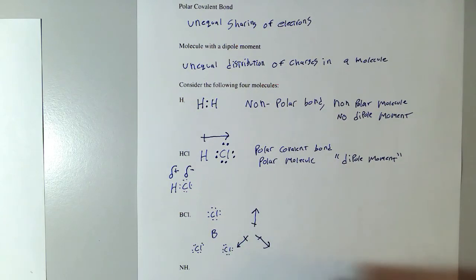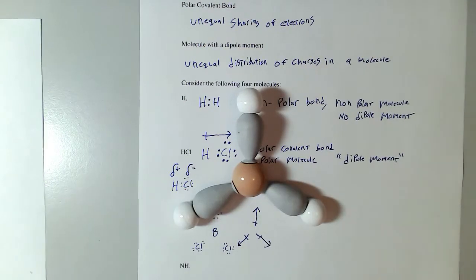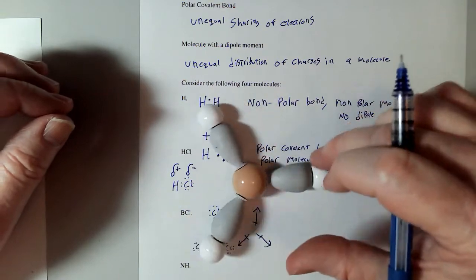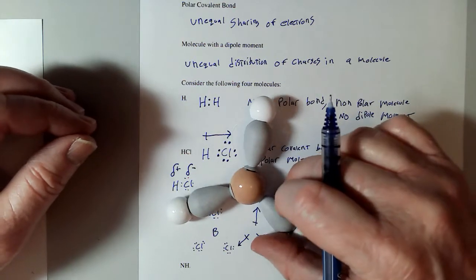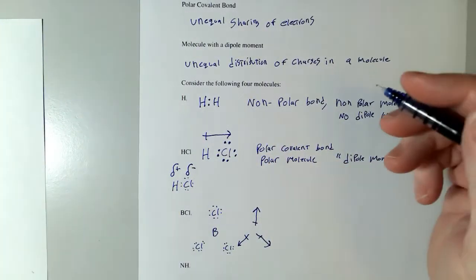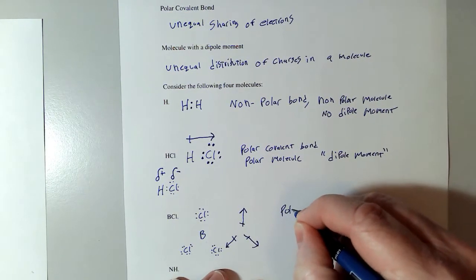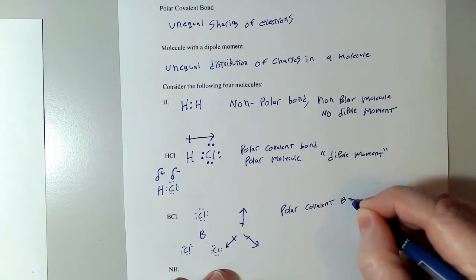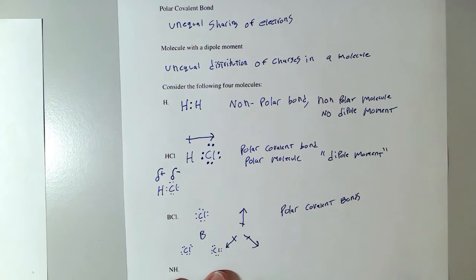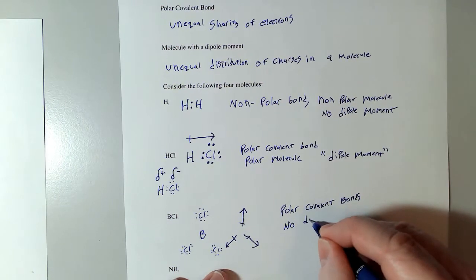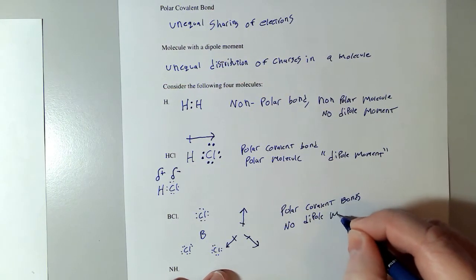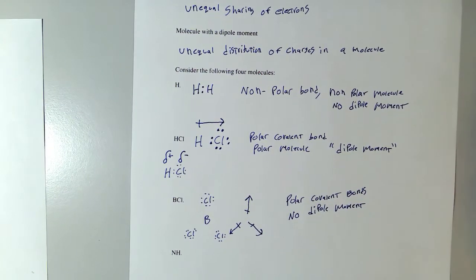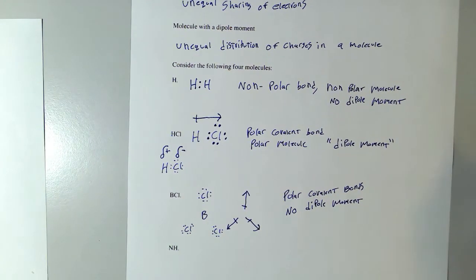This is a trigonal planar molecule. It is perfectly flat, and each of these individual pulls will cancel each other out. So we say it has polar covalent bonds, but no dipole moment. It has 3 dipoles, but they cancel each other, hence no dipole moment for the molecule itself.